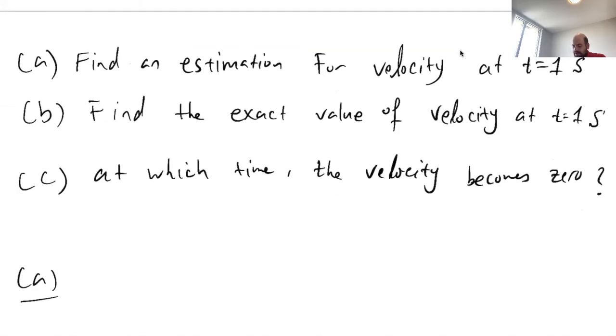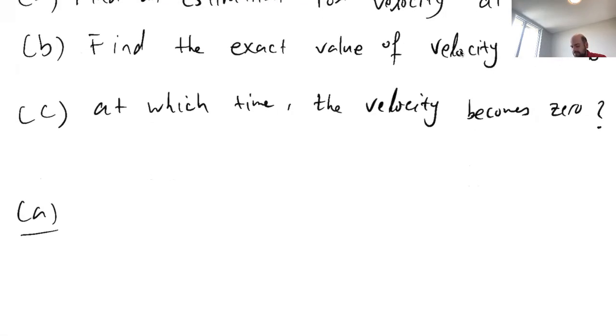So for part A, for an estimation of the velocity at t equals 1 second, we said that the instantaneous velocity at some point can be estimated by the average velocity between that point and some time close to that point. So t equals 1 second is given. If I choose a time close to 1 second, such as 1.1 seconds, then I will have an estimation for the velocity at 1 second.